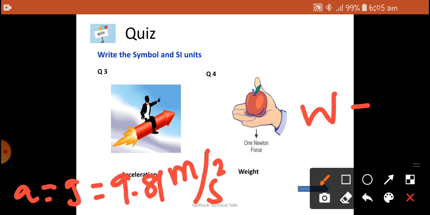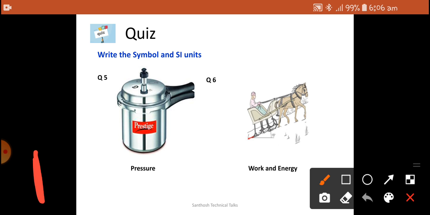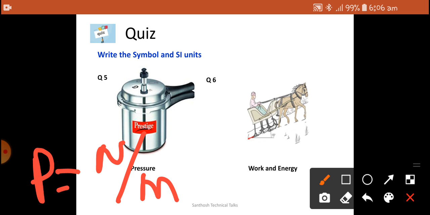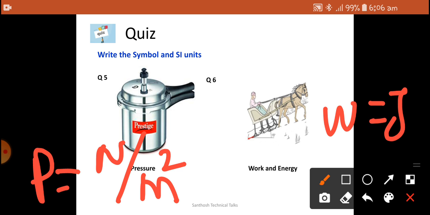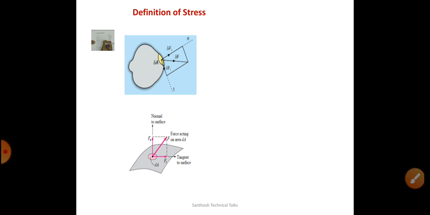And weight, we denote by capital W, it is in Newton. Weight is in Newton. Next, it is pressure, denoted by P, in Newton per meter square. Work or energy W is in joules, or Newton meter. Like that, we can give the symbols as well as the SI units.